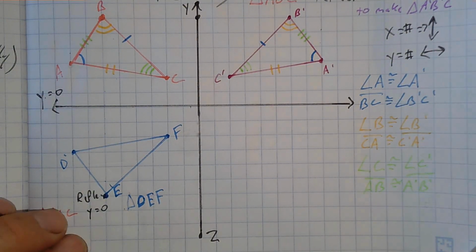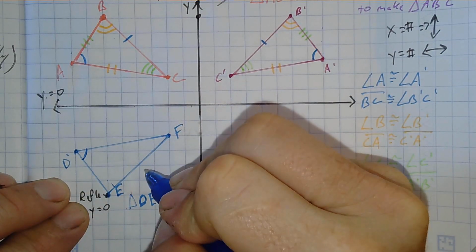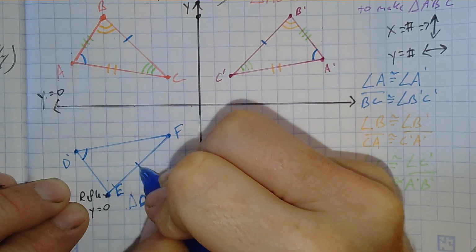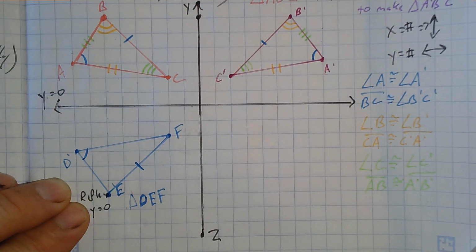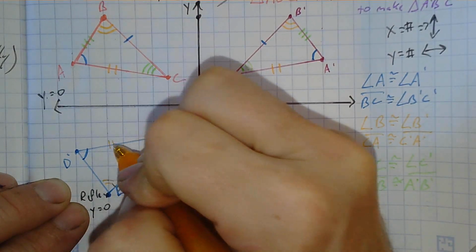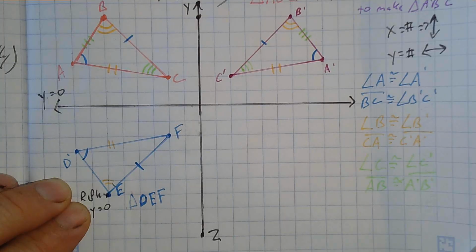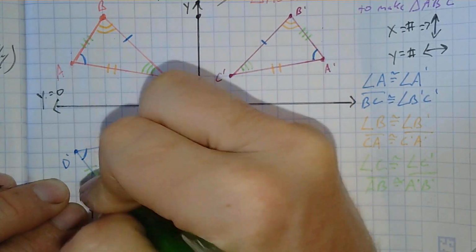Right, and let's go ahead and mark our congruent angles. This one is congruent to that. Those are my congruent marks. Moving on to orange, this is the same as this one. Those are congruent. And then my green one is F, like there to there.